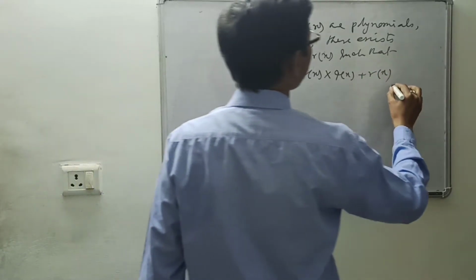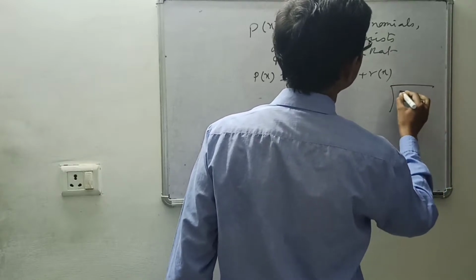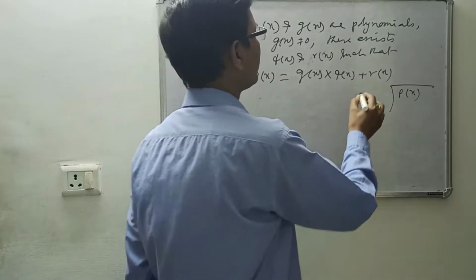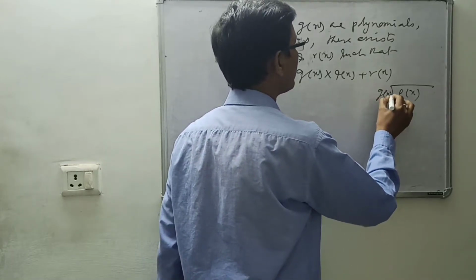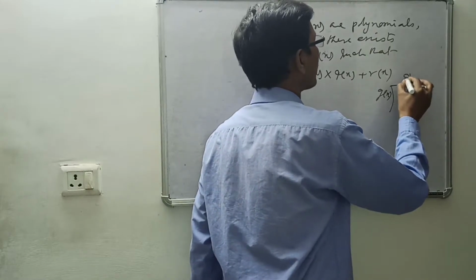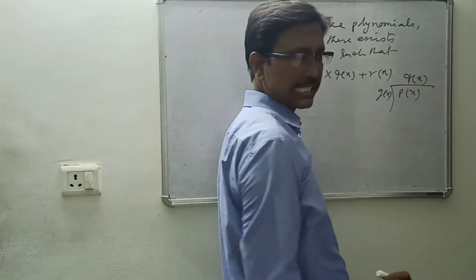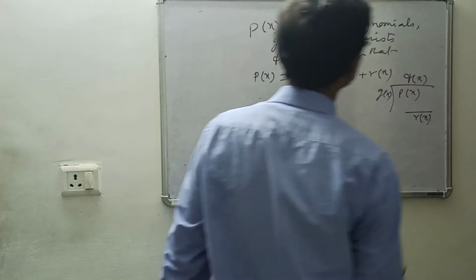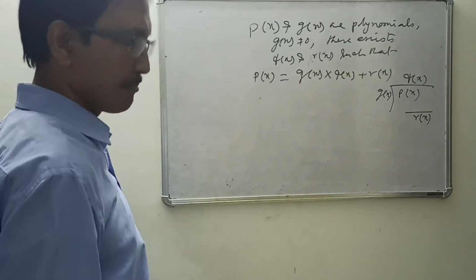That means in the division form, if P(x) is divided by another polynomial G(x), which is not equal to 0, and you get a polynomial Q(x) as the quotient and R(x) as the remainder, then that relation will hold.